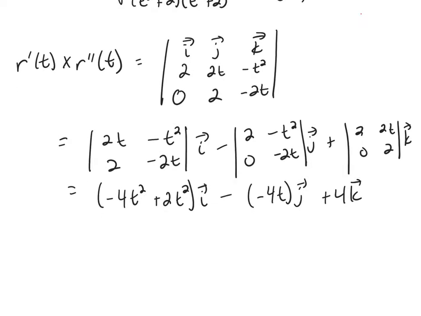So it looks like we're going to get negative 2t squared i plus 4t j plus 4k.